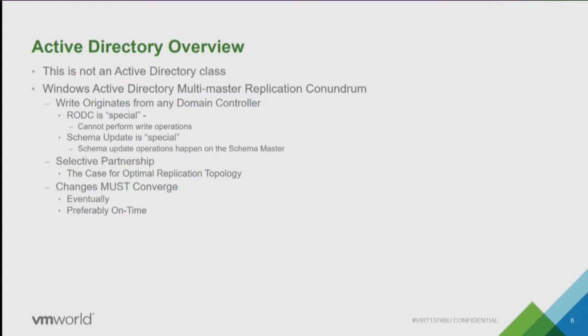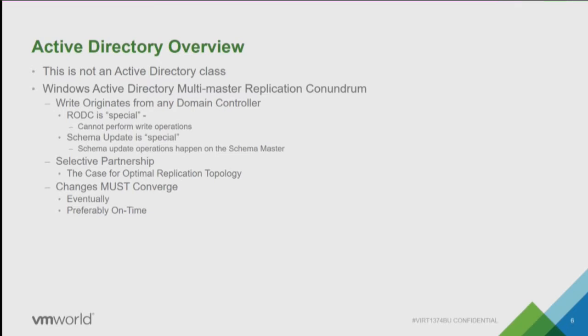Every domain controller is disposable. We used to have some trick questions back in the days when AD came up: which is the most important domain controller in your infrastructure? And we used to get answers like the PDC emulator, the schema master, or the infrastructure master. Every domain controller is disposable and they are equal.